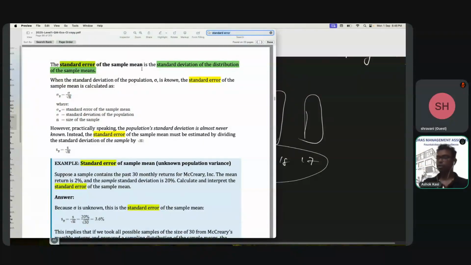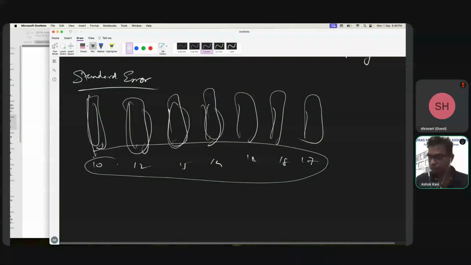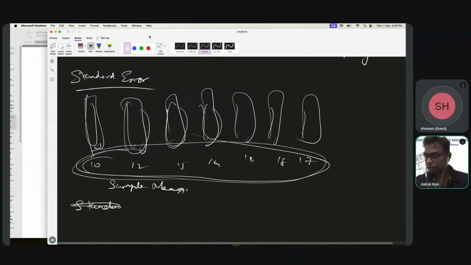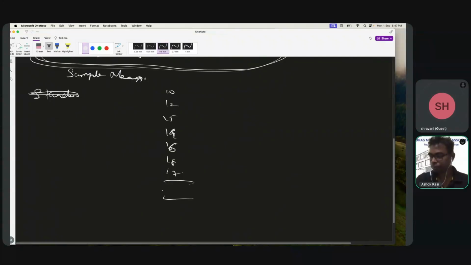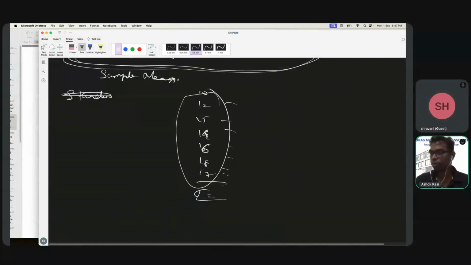Standard error of the sample mean is the standard deviation of the distribution of sample means. That means these are all the means, sample means. Let's say 10, 12, 15, 14, 18, 14, 16, 16, 18, 17, and I take the standard deviation of these numbers. That is called standard error, because all these observations are sample means. Normally it is the standard deviation of the observations, but because these are sample means, the standard deviation of the sample means is called standard error.